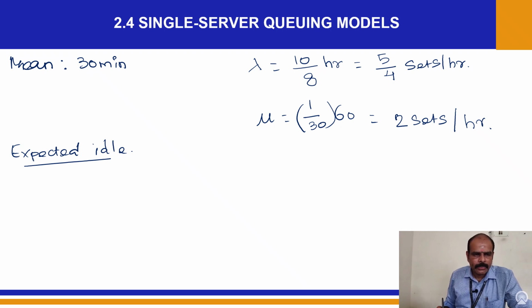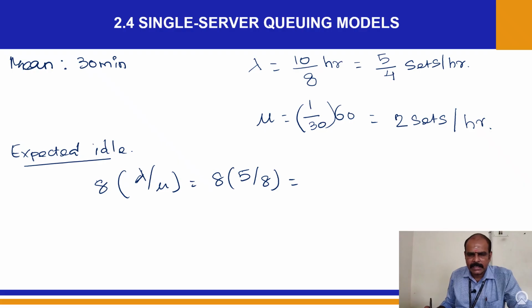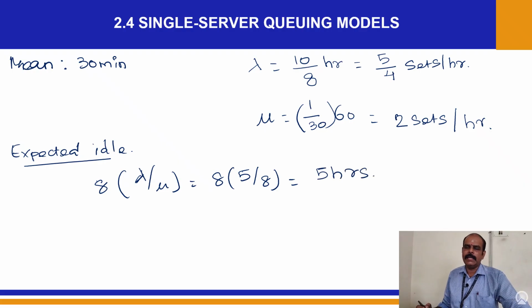Out of 8 hours, lambda by mu, that is the thing. So 8 into 5 by 8, and when we solve, 8 gets cancelled. Therefore 5 hours.